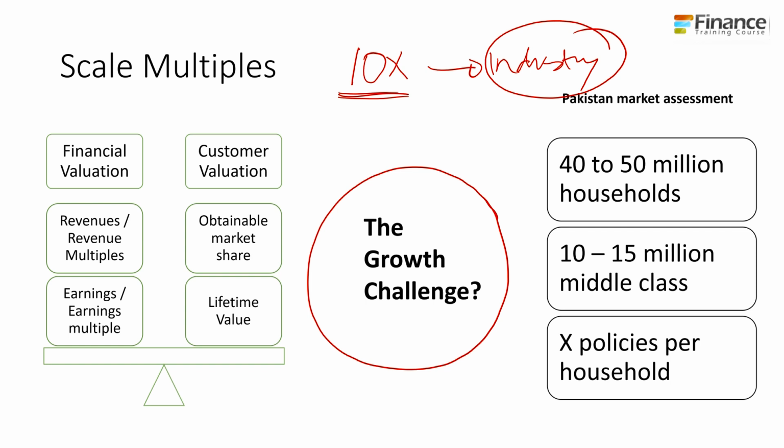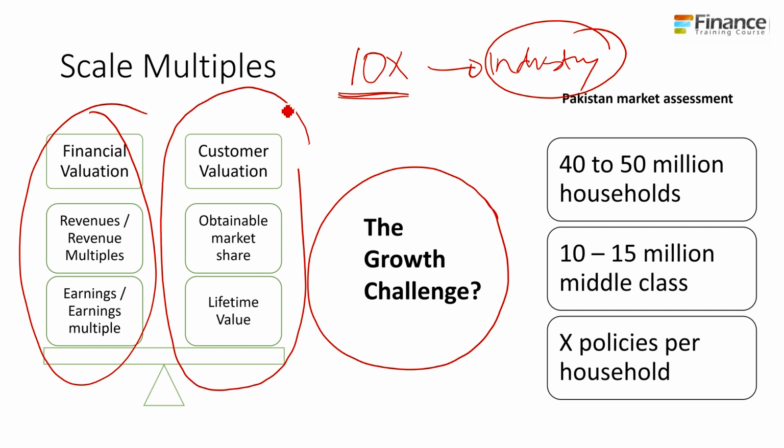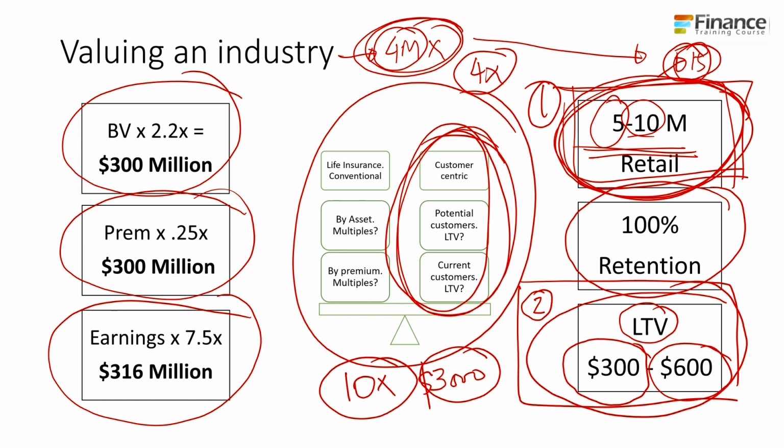Don't think of growing using your financial model. Think of growing through your customer valuation framework. On the customer valuation framework, you have two choices. One choice is growing the number of customers in that specific space. Second is increasing the lifetime value of customers in that specific space. If I go back to the previous slide where we spoke about the life insurance industry, I have about 5 million current customers. I'm capped at 15 million customers.